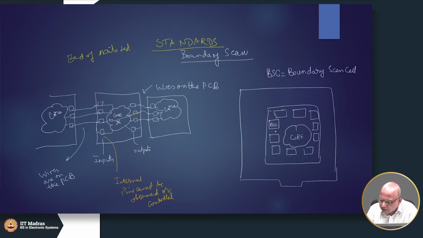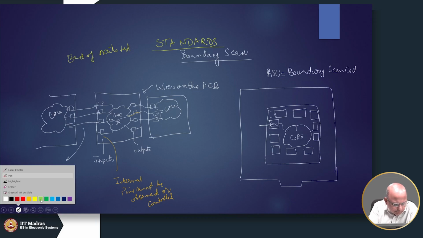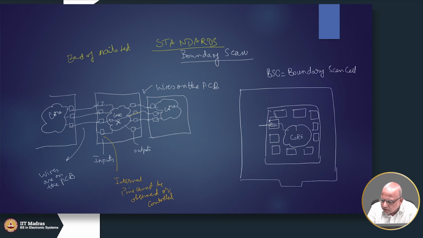And these boundary scan cells have a primary input and a primary output, but they also have a scan input and a scan output. So, the scan input of the boundary scan cell will be connected like this.